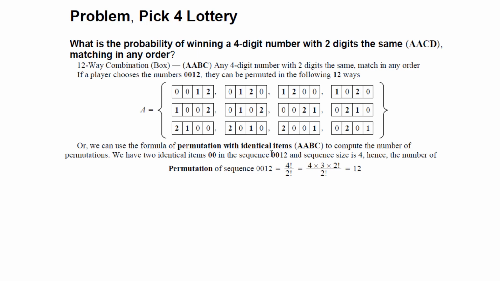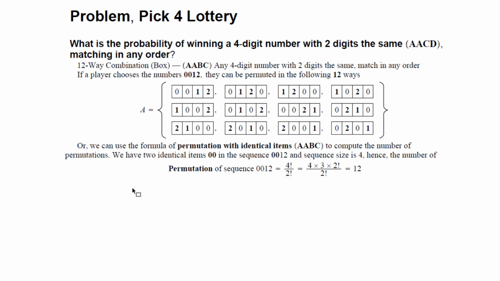So the size of the sequence is 4, and we have 2 identical items. So permutation of the sequence 0012 is 4 factorial divided by 2 factorial, which is 12. So we have 12 permutations of this sequence, which contains 2 identical items.